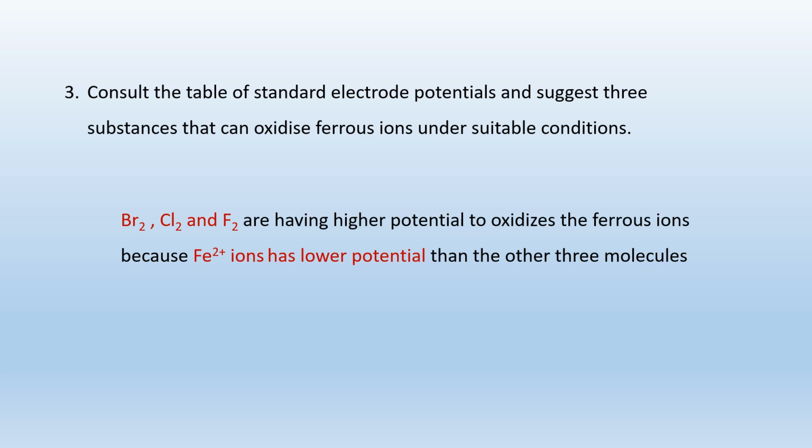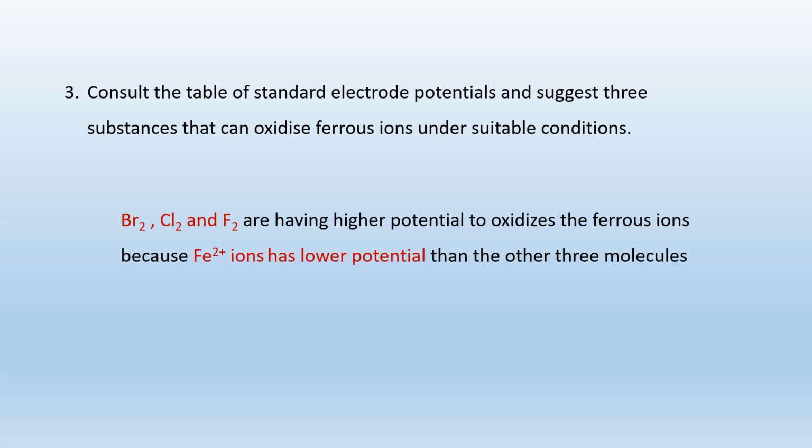Consult the table of standard electrode potential and suggest 3 substances that can oxidize ferrous ion under suitable conditions. If you take the table of standard electrode potential, the ferrous ion has a standard electrode potential of 0.77 volts, and many substances have a higher potential than 0.77.